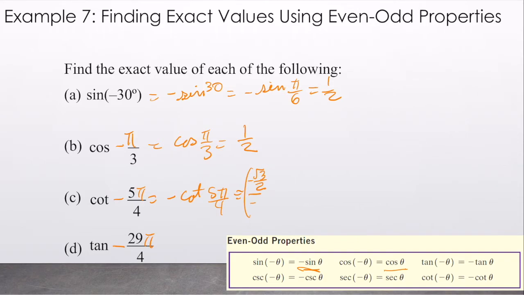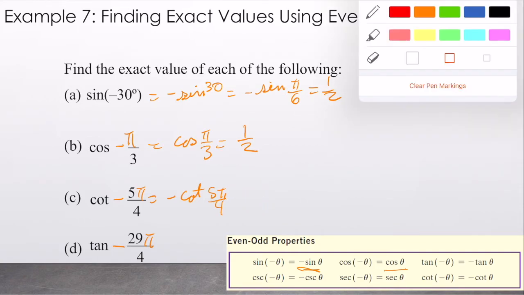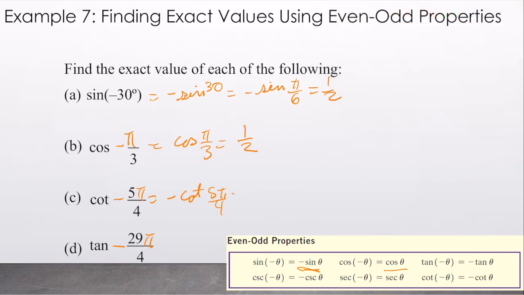Nope, I'm messing up, I'm sorry. I'm reading the point for 7 pi over 6. If you're looking at your unit circle, you'll see where I made the mistake. So we go to 5 pi over 4, which is negative square root of 2 over 2, negative square root of 2 over 2, which gives me the negative of positive 1. So my answer is negative 1.